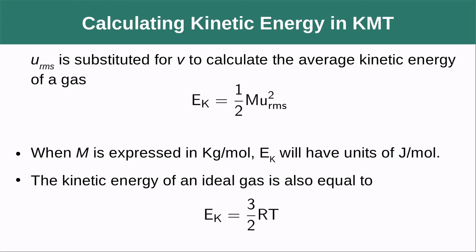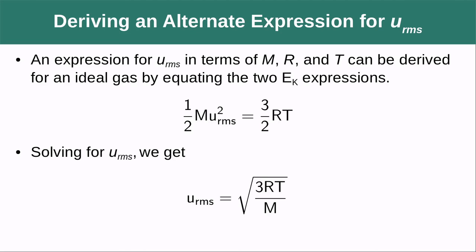The kinetic energy of an ideal gas is also equal to 3/2 RT. We know this from using calculus, but it's just in general a fact. And if we set them equal to one another, we will get an equation that we can use for the average velocity, the RMS velocity for an ideal gas.